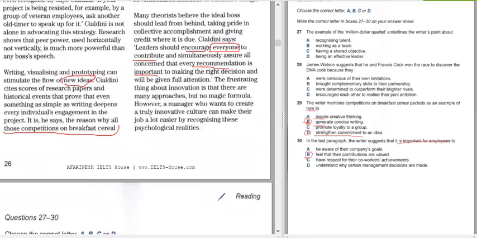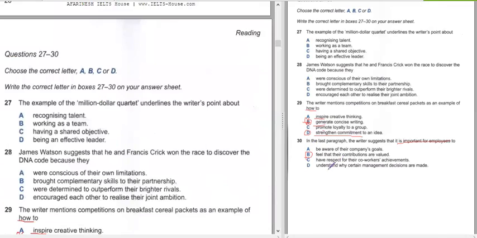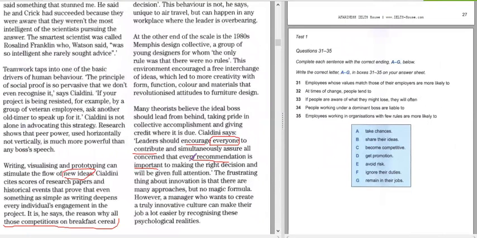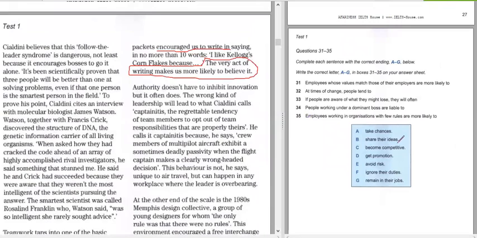So which one is next? Next is 31. Actually, what happened is that I wasted a lot of time in the earlier passage, passage 3.